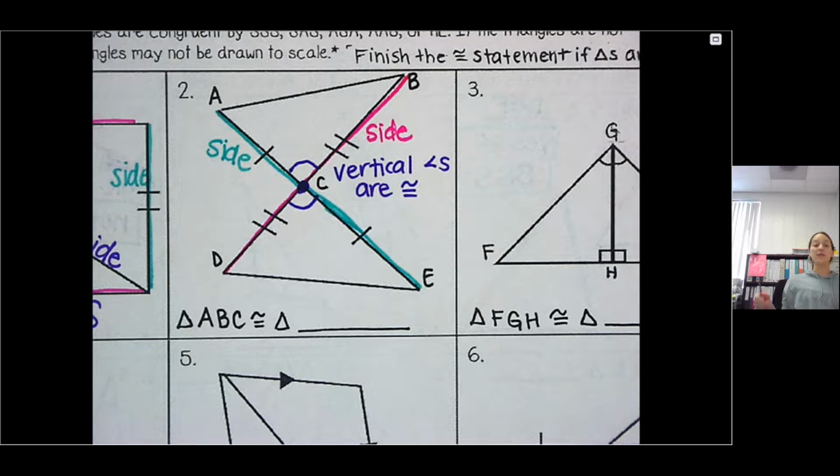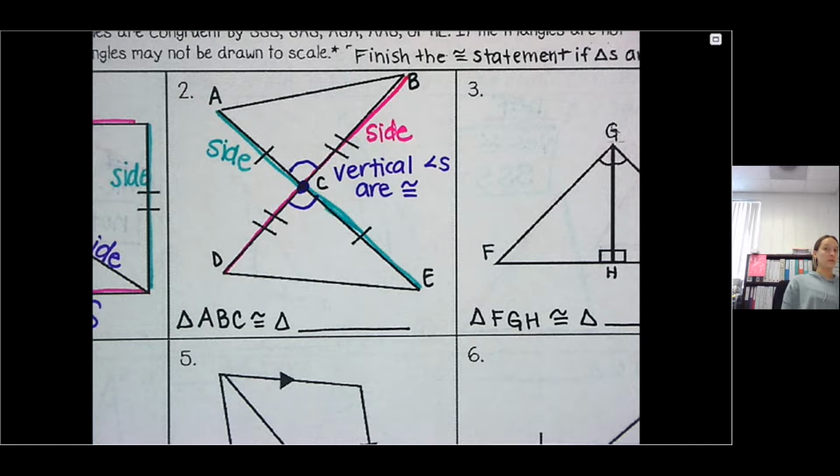So now, do you have enough information? You've got three pieces. Does this look like any of the shortcuts on your paper? Yes. Okay, which one do you think it is? SAS. Do we agree with her? Yeah. Does anybody not agree with her? What do you think?